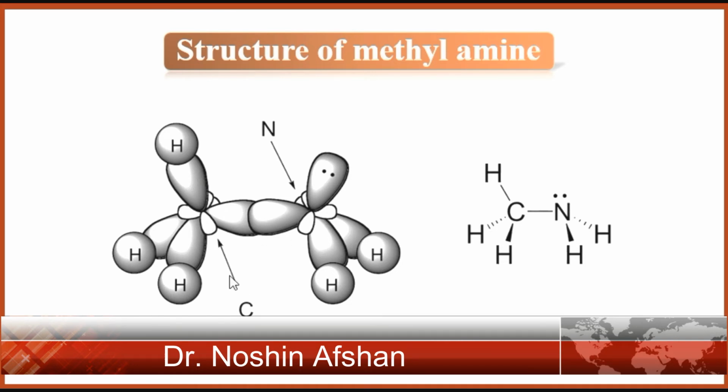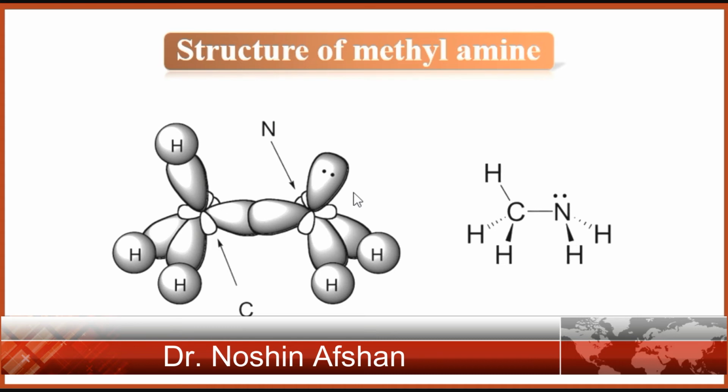And along the carbon, this would also have the tetrahedral geometry, where the 3 corners of the tetrahedron would be occupied by the hydrogen atoms, through overlapping between sp3 and 1s orbital of the hydrogens, and the 4th corner would be occupied by the 4th sp3 hybrid orbital that would overlap with the sp3 hybrid orbital of the nitrogen.